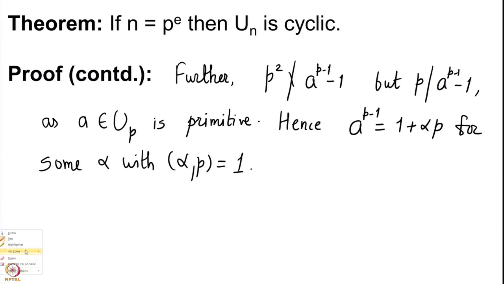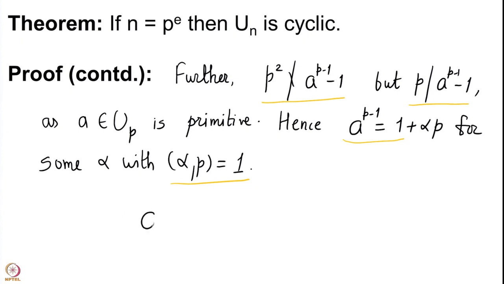This is because the difference of these is divisible by p but not by p square. So, this alpha cannot have a p in its factor. So, alpha comma p has to be co-prime, and once we have this, we have to now raise both sides to the pth power.